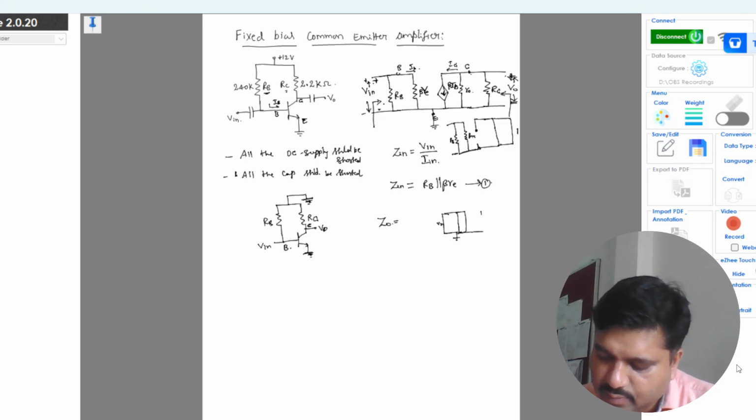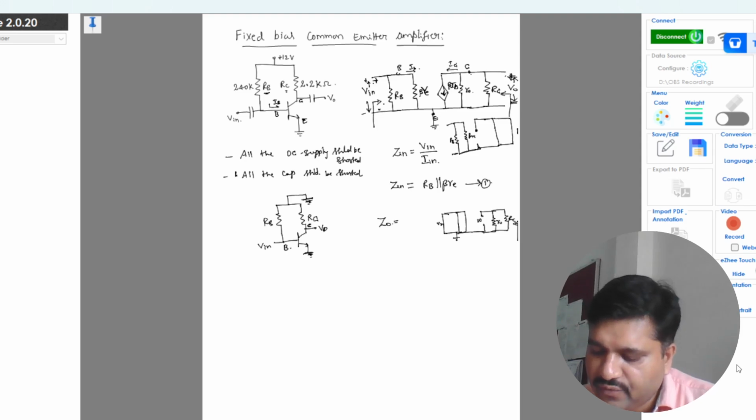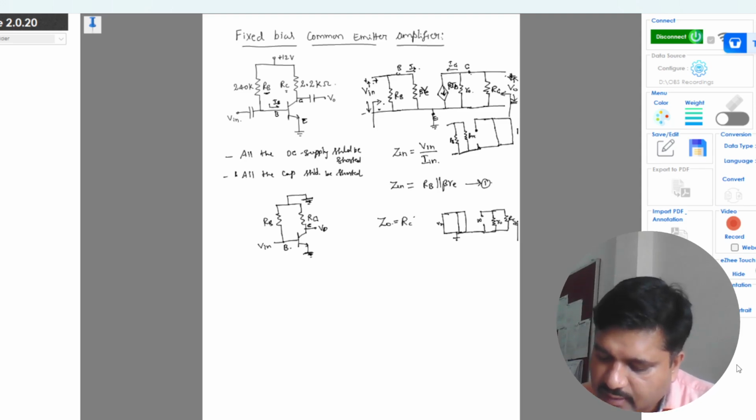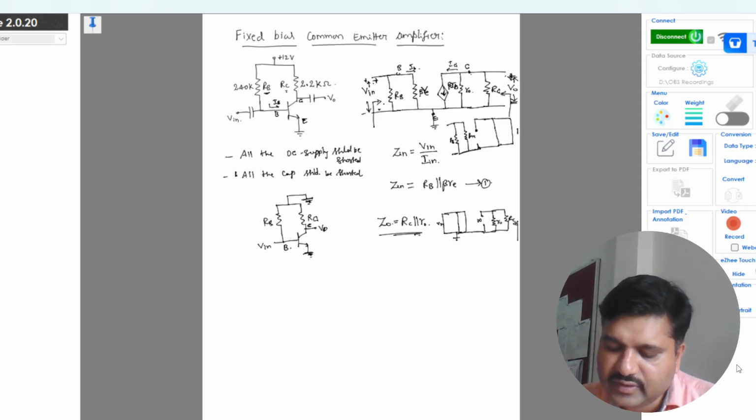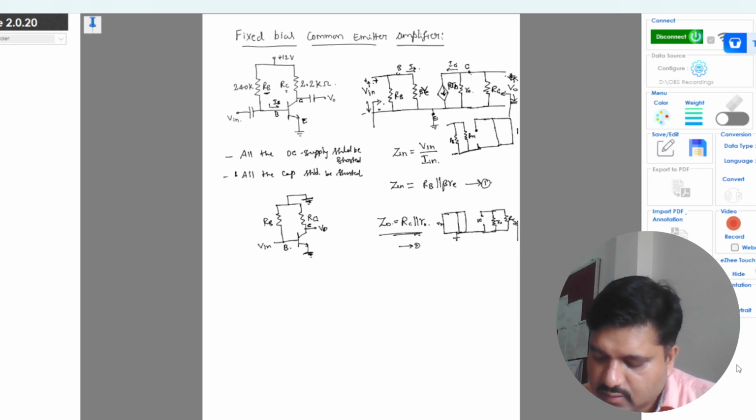At the output side, the current source is open, which represents infinite resistance, leaving R0 and RC. So when we see from the output terminal, we have only RC parallel with R0. This is our output impedance, equation 2.